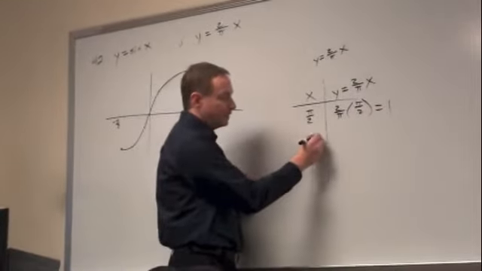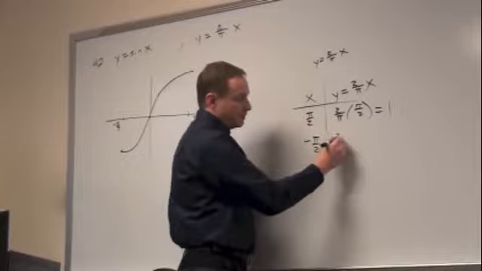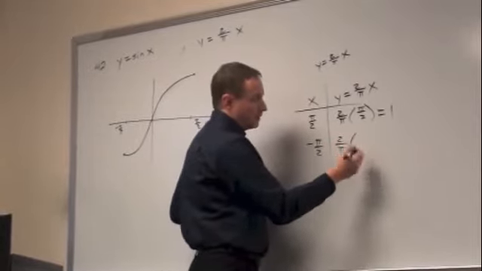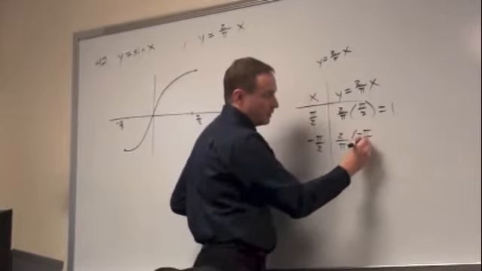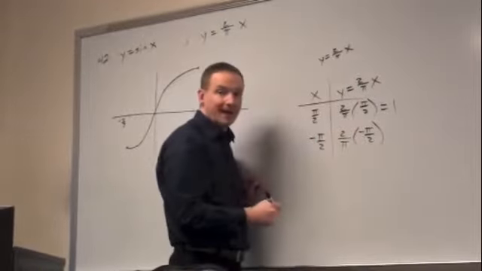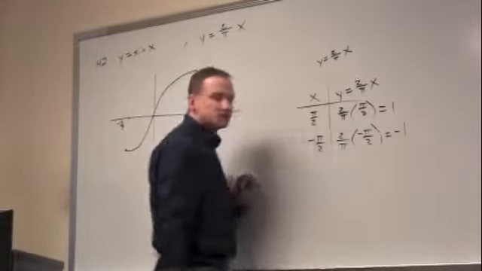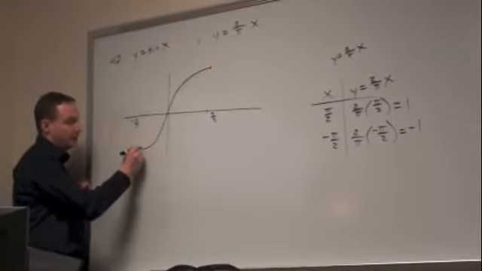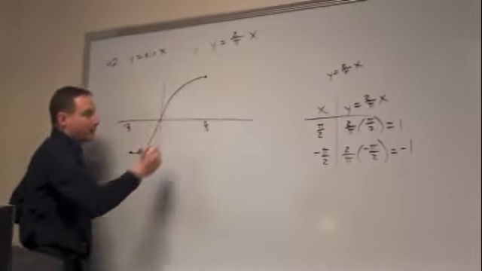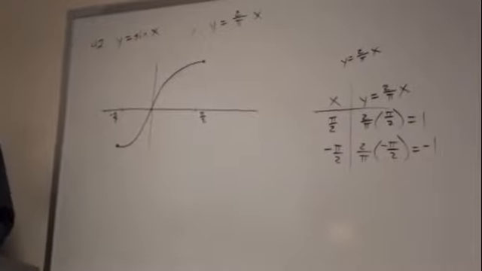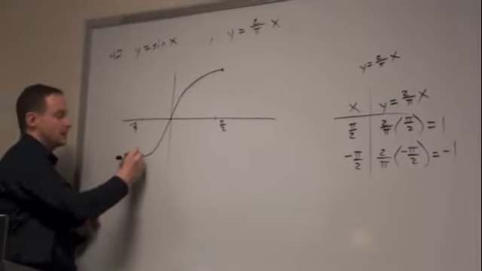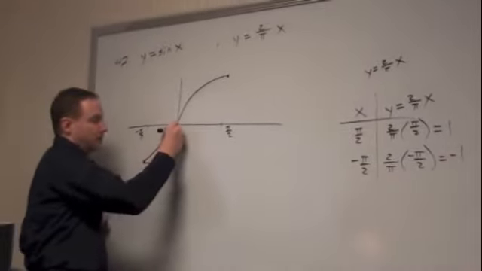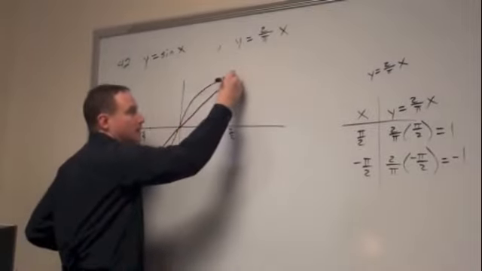When x is negative pi over 2, this function would become negative 1. So what I know is that the linear function I'm dealing with has these same points, but it is a linear function. So I'll say, well, construct a line between those 2 points, and I get that.